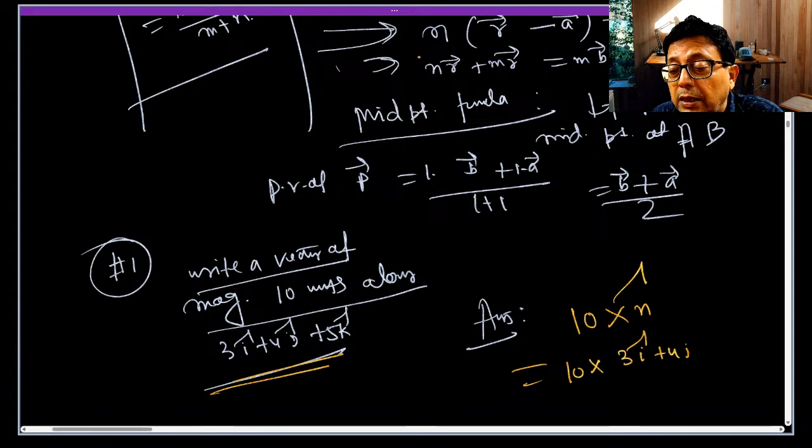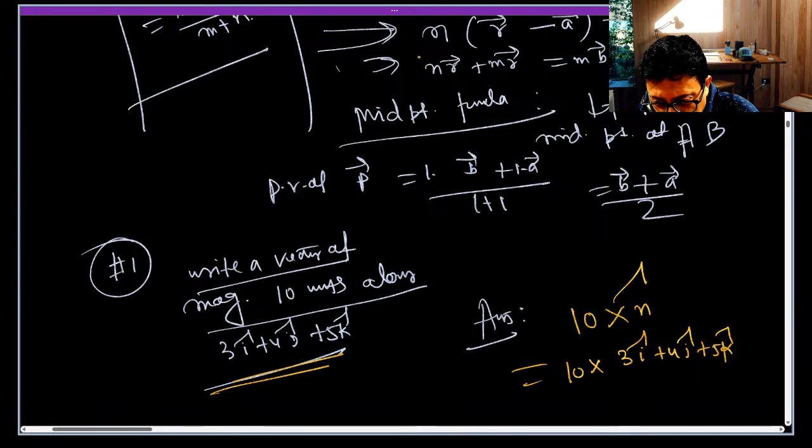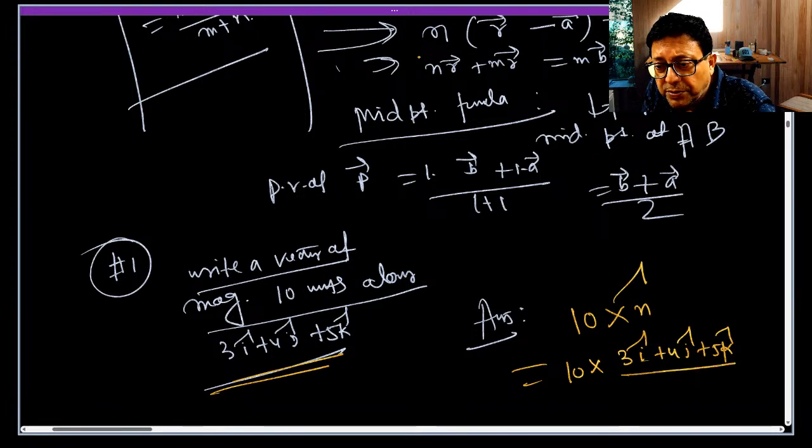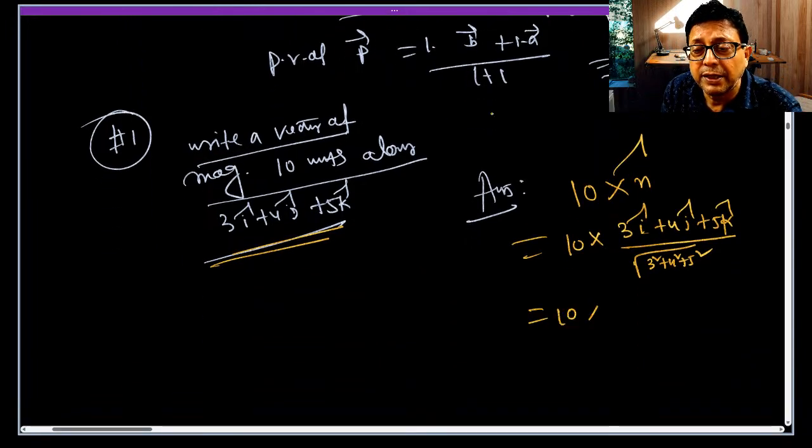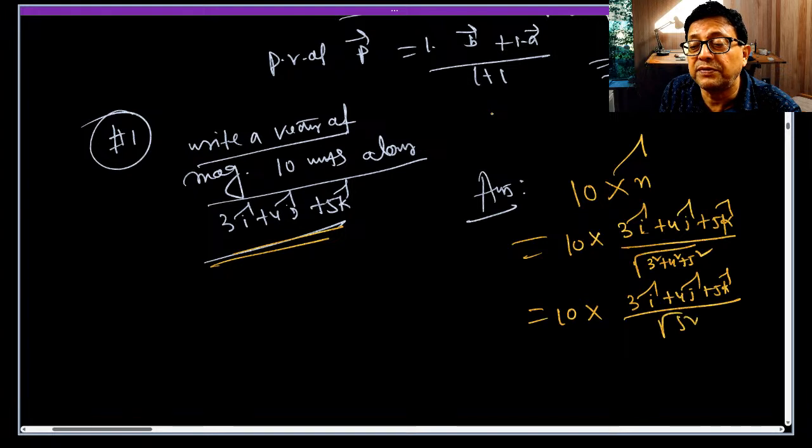3i plus 4j plus 5k by modulus of this, root over 3 square, 4 square, 5 square. So this will be 10 into 3i plus 4j plus 5k by root 50.